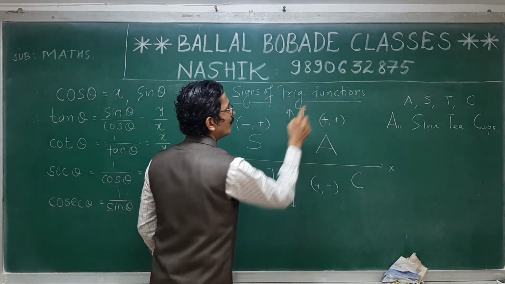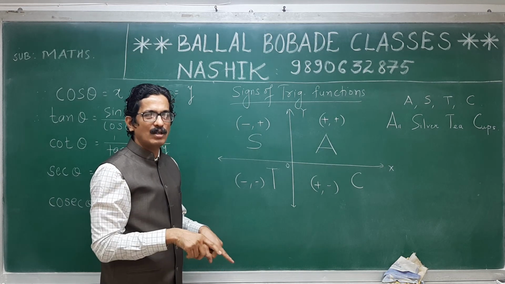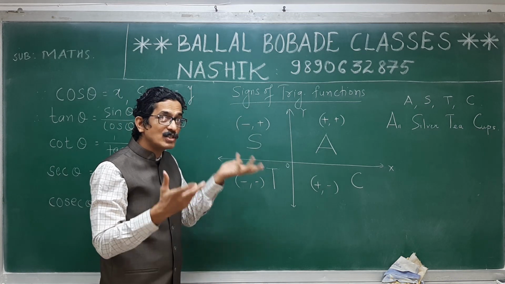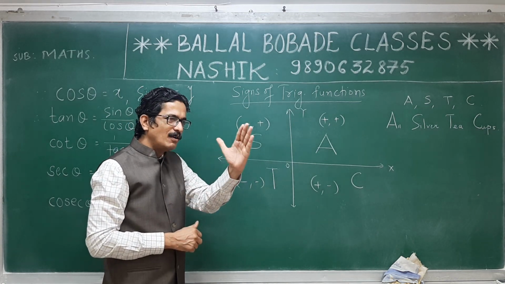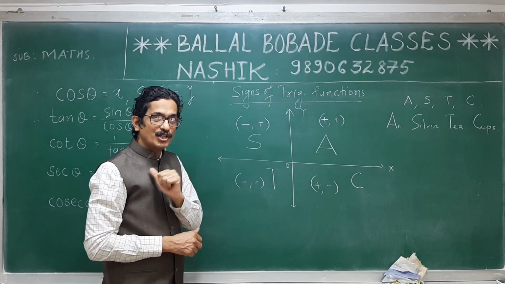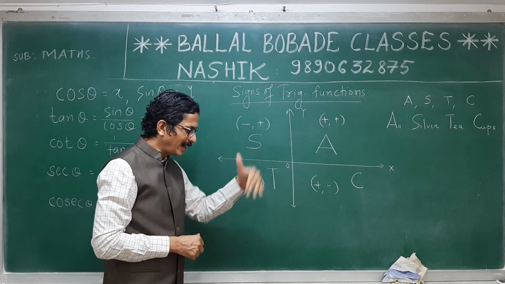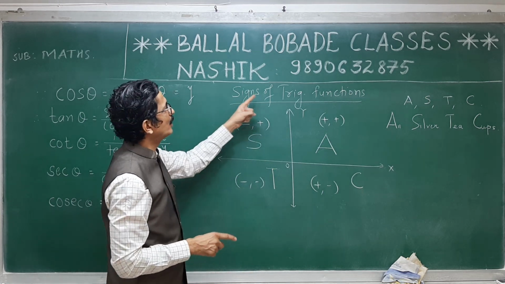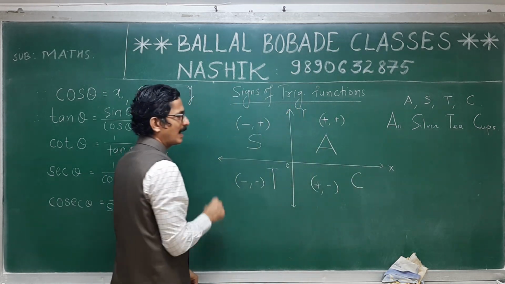Sign of trigonometric function, plus or minus, depends on in which quadrant that terminal arm lies. What was the terminal arm? OB. You started with OA rotating and settling down at some position, that was OB. OB lies in first quadrant, might be in second, third, fourth, anywhere. That will decide the trigonometry sign. Look here, this is simple x-axis and y-axis.